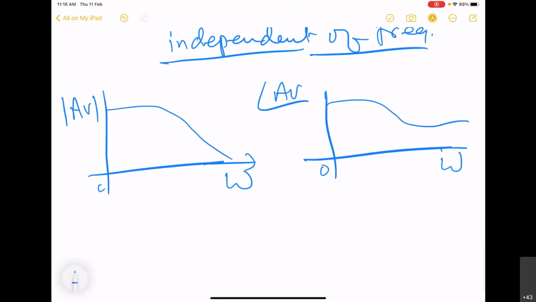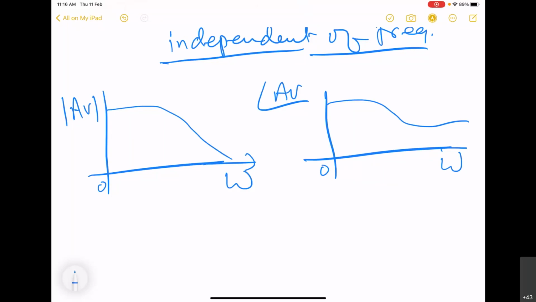That means both the magnitude and phase of the gain of amplifier will vary with frequency. So the question arises, what will be the region for this variation if it occurs?